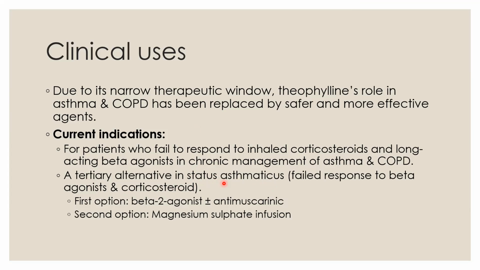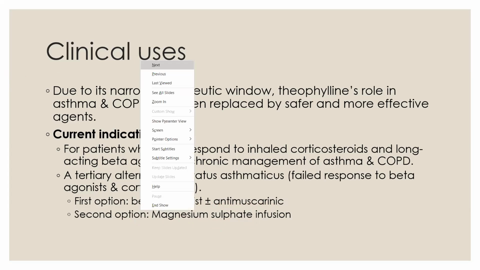So status asthmaticus, which failed to respond to beta agonist and corticosteroid. Our first option will be beta 2 agonist plus minus antimuscarinic. The second option will be magnesium sulfate infusion. The third only theophylline.